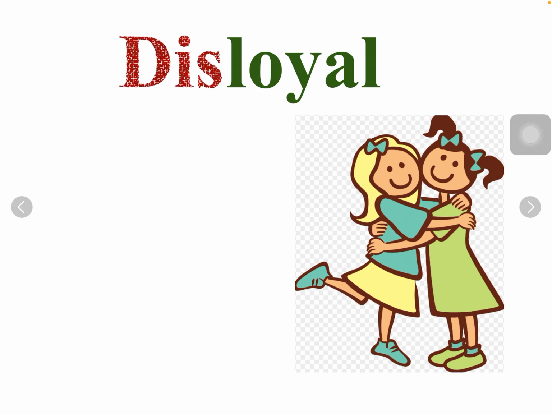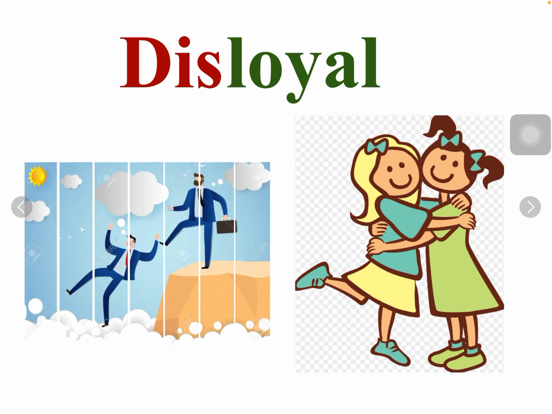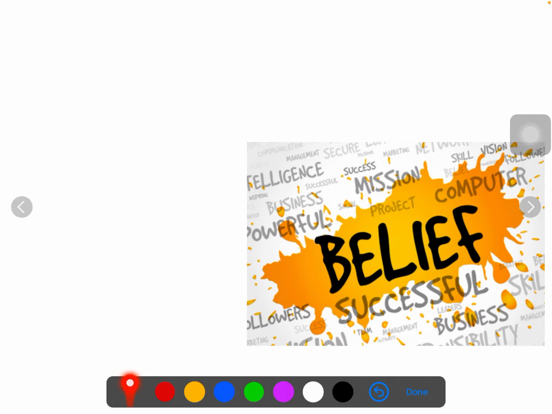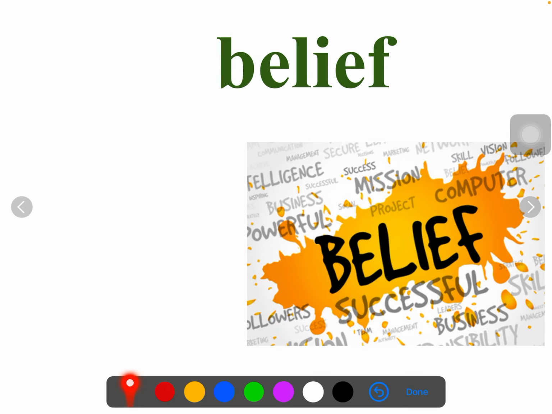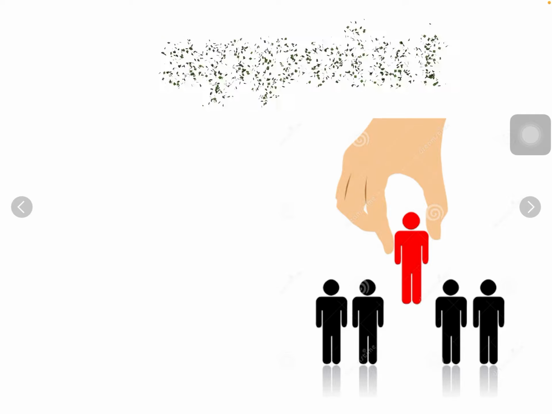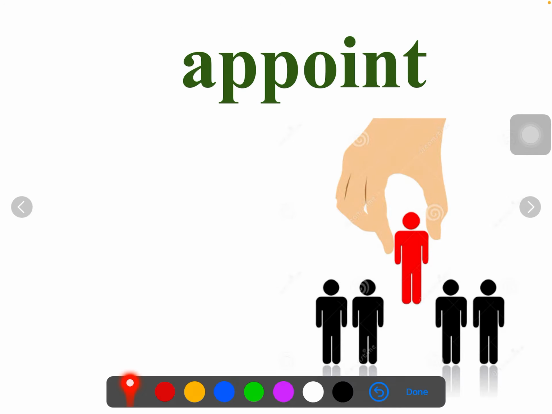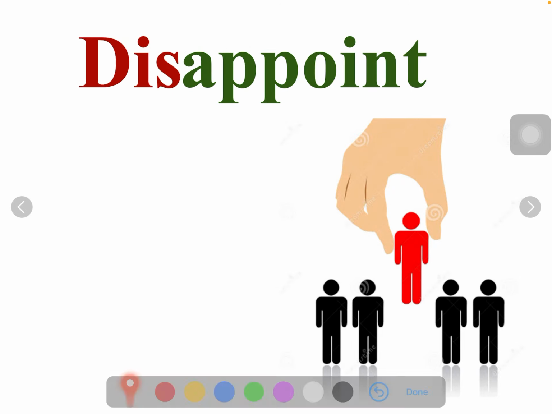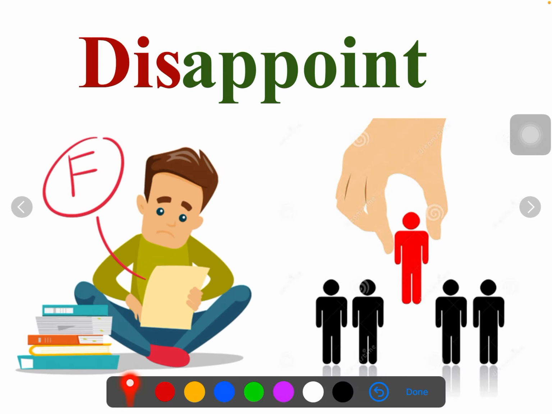Loyal, like trust, disloyal, the opposite. Belief, disbelief, like fake news. Then we have appoint, means to choose. And disappoint means to fail, exactly.